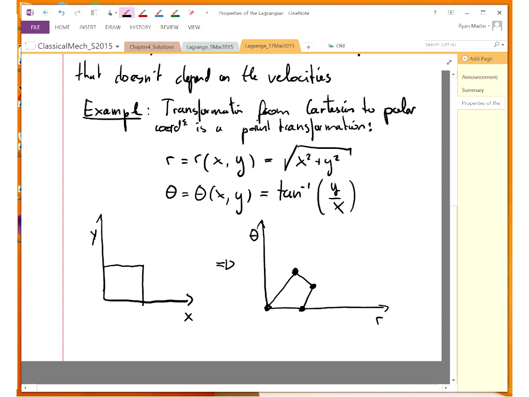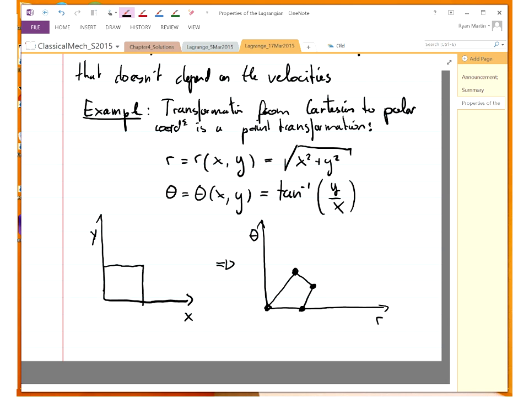But what's important is that certain properties are conserved when you go from one space to the other in a point transformation. So lines that don't intersect in one space don't intersect in the other space as well. So here it looks like in the r theta plane, the two sides of the square are going to intersect. That's probably because they shouldn't really map to straight lines, they map to curves, and so those curves actually won't intersect.